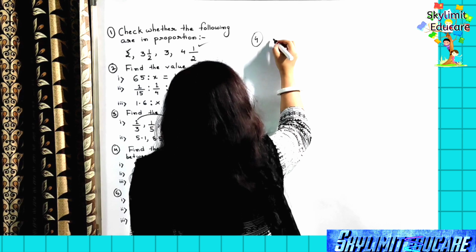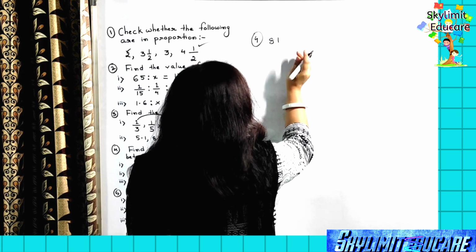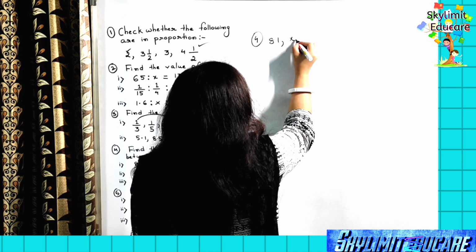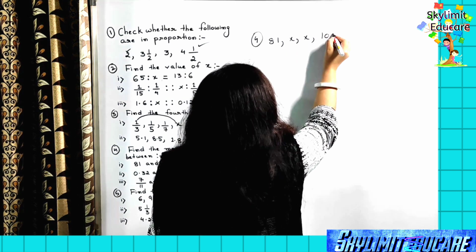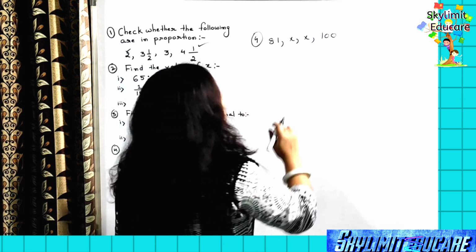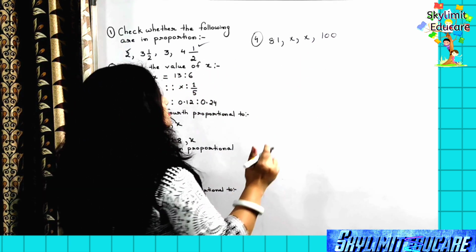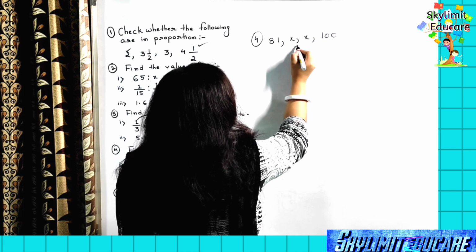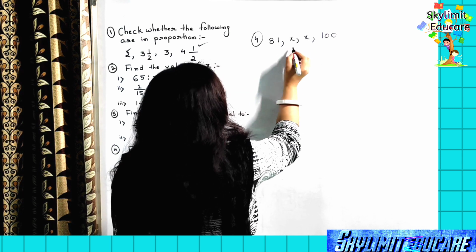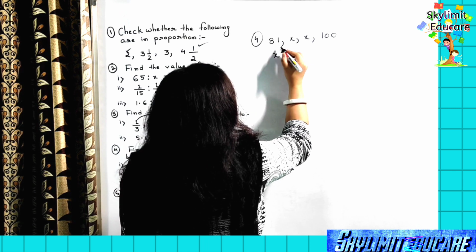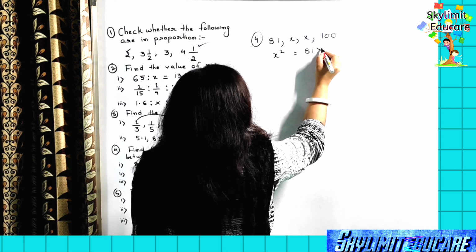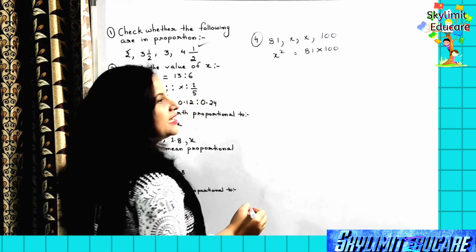So you're going to write in this manner: 81 and 100 are the extremes, so the middle 2 terms will be x and x, right? So obviously now you have the means as x. So the product of means is x square. X into x is x square. And what is the product of extremes? 81 multiplied to 100.